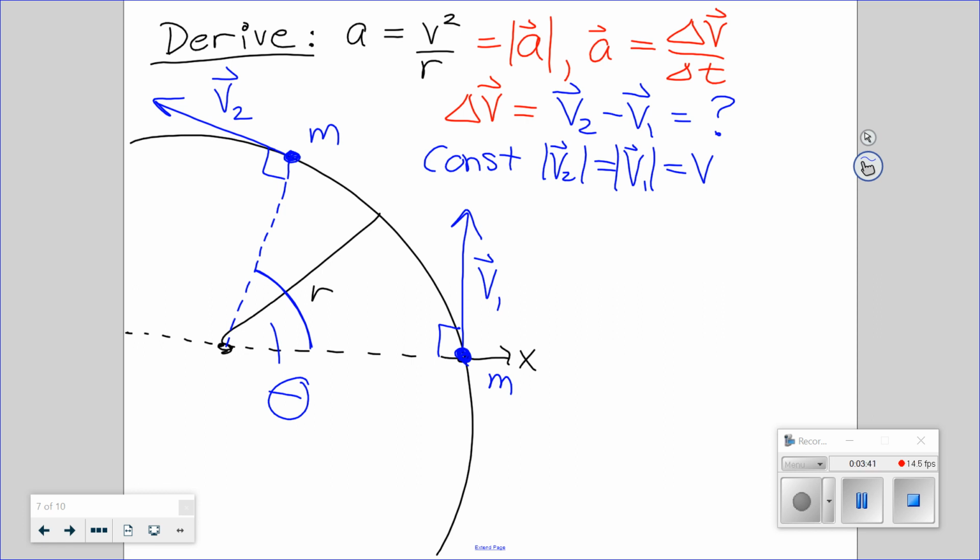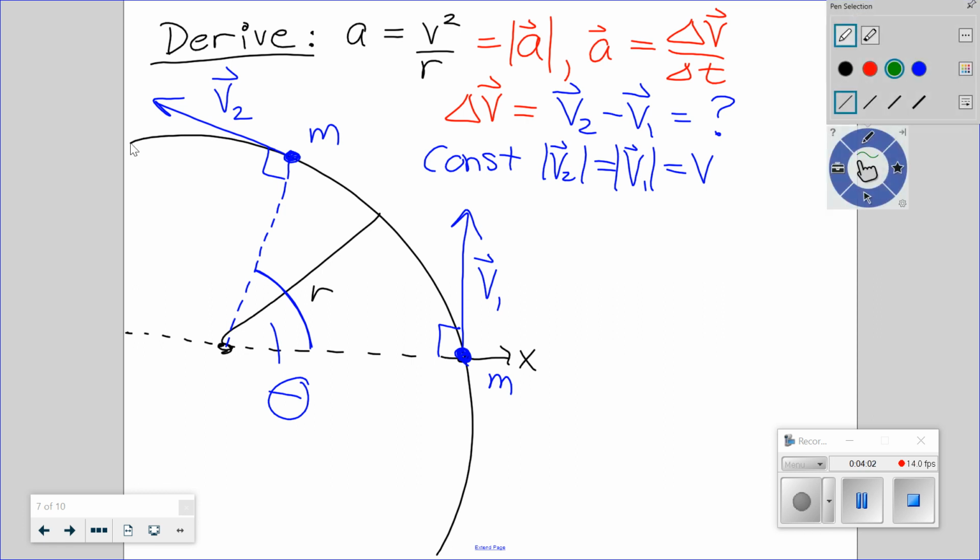Okay, what if I'm going to do this geometrically? If I was going to add v1 plus v2, I would take my v2 vector and place it on top of the v1, like nose to tail, and then draw the diagonal. That would be the result. So if I want to take v2 minus v1, to get the difference, I have to make up a new vector and call it minus v1.